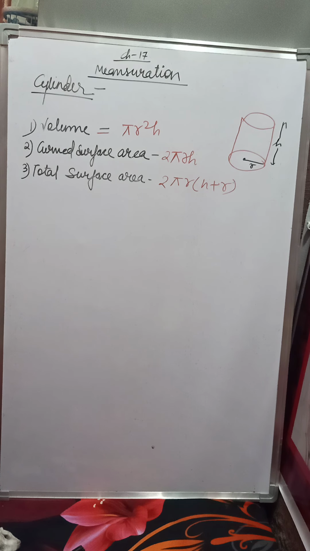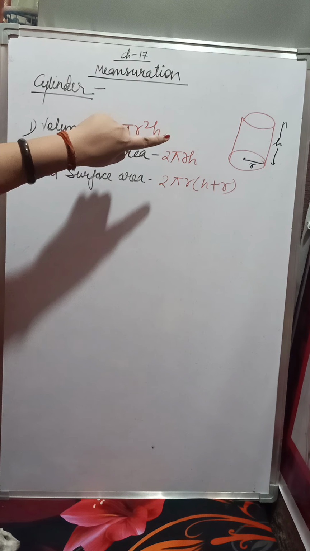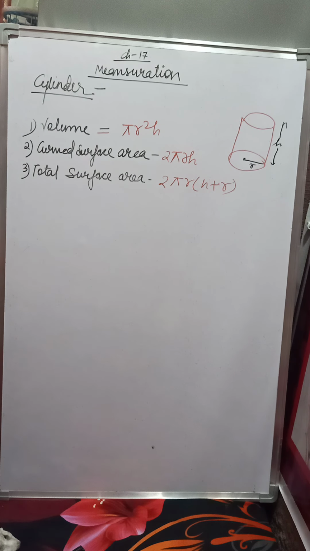A circle whose height is included is called a cylinder. In a cylinder, we can see that there is a circular surface which has some height. Height is represented by the letter H, and the radius of the circle of which the cylinder is a part is represented by the letter R.